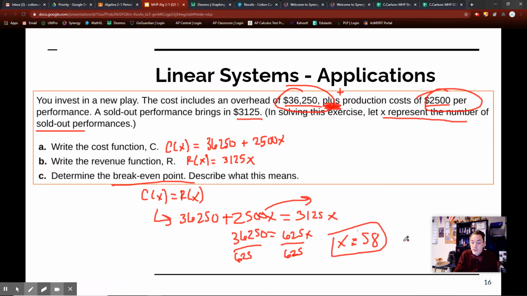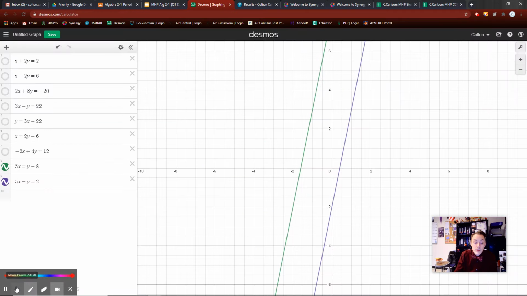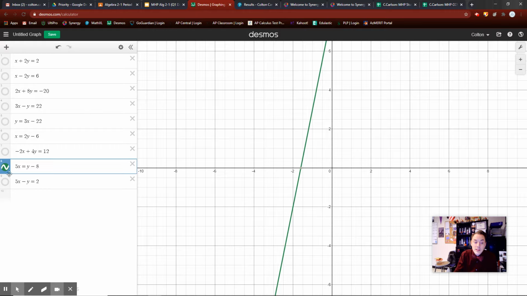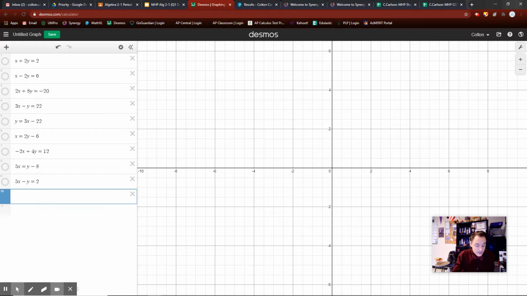And of course, I can just do that on Desmos, plug it into Desmos, divide those two, that's fine. Remember, make sure you are using Desmos. You can absolutely use Desmos not just for graphing, but for just calculations. If I want to know what 36,250 divided by 625 is, I can do that, and it gives me 58.